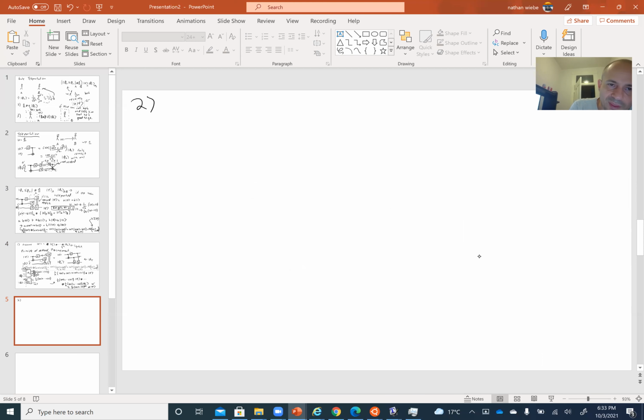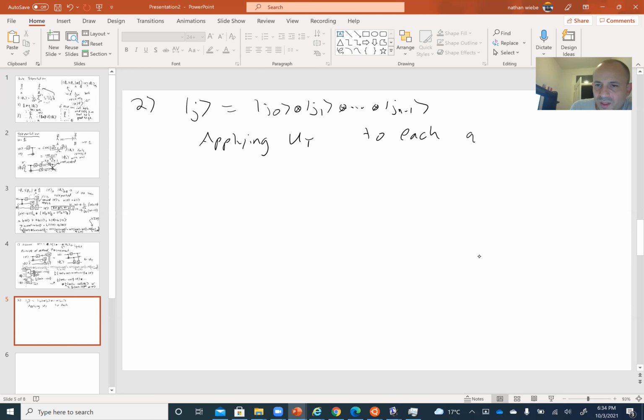So we know from this that if we have any state j over here, which is equal to, say, j0 tensor j1 tensor j n minus 1, then applying this teleportation circuit UT to each qubit will teleport j.